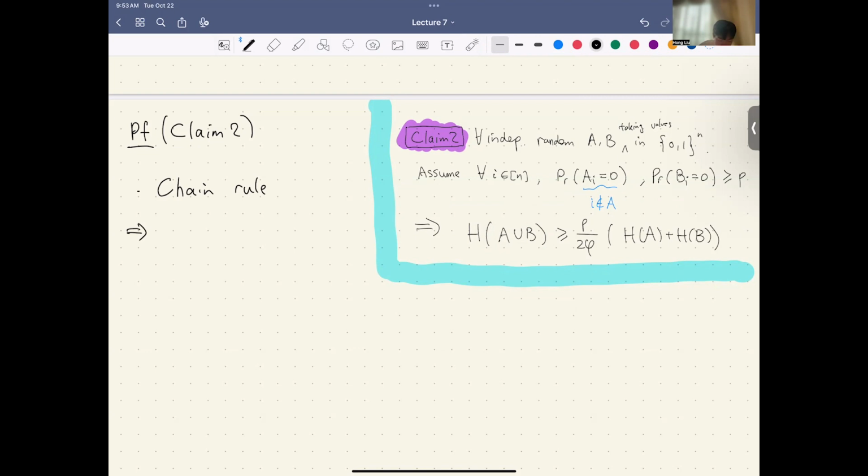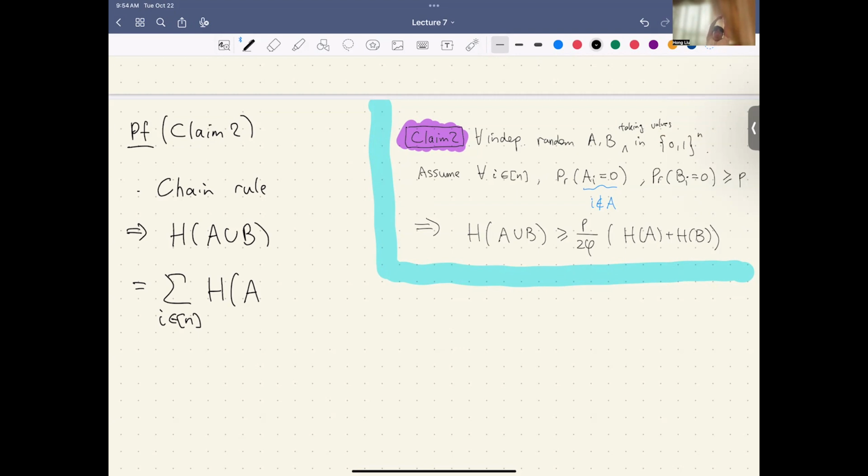we have the entropy of A union B equals the sum over i in [n] of... which notation should I use?